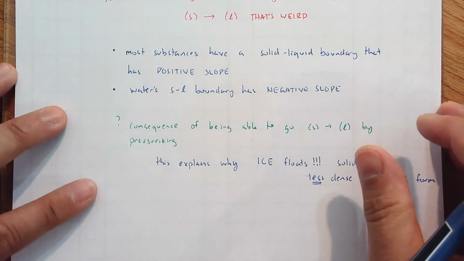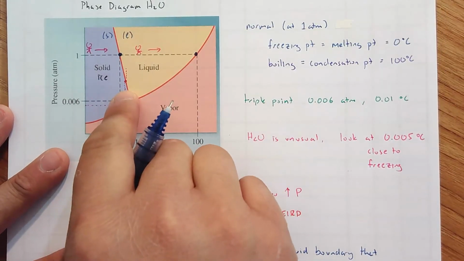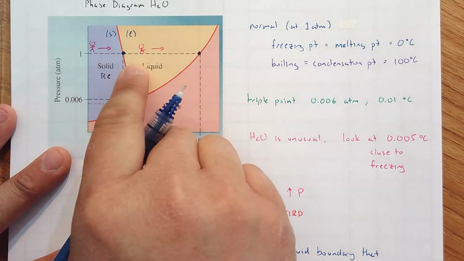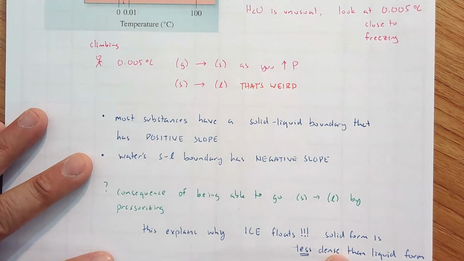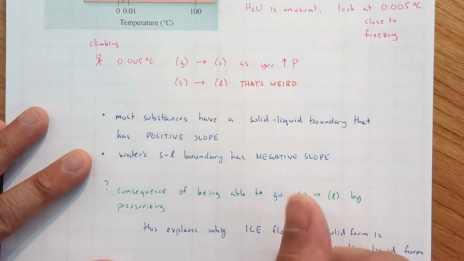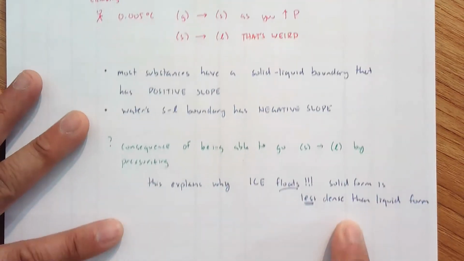When we're pressurizing solid, we are making it more dense and it becomes a liquid. That tells me that liquid is more dense. So solid is less dense and it floats. Liquid is more dense.